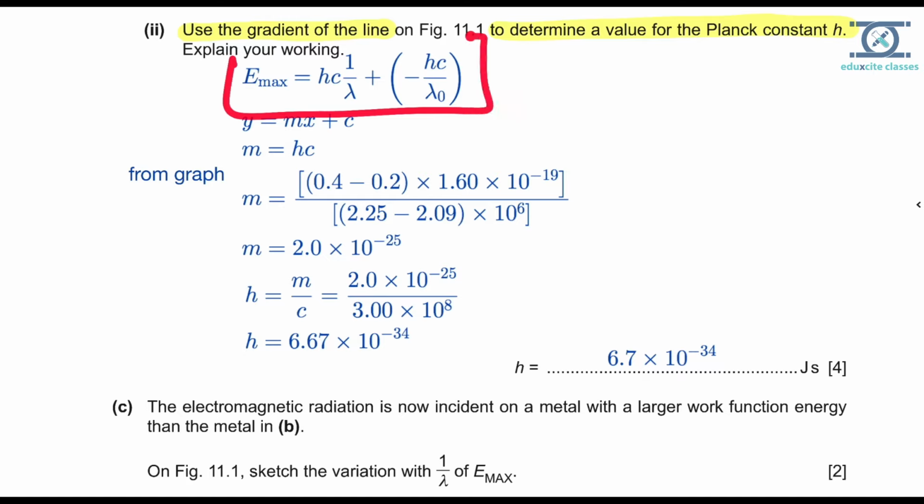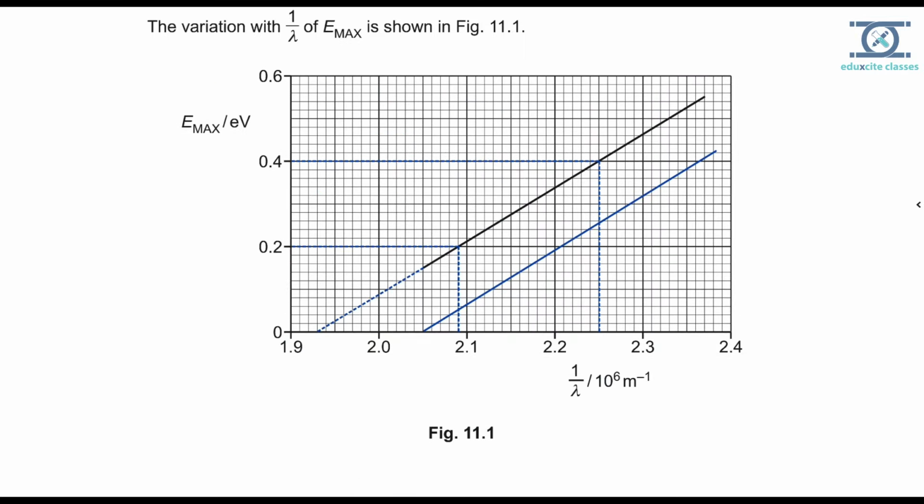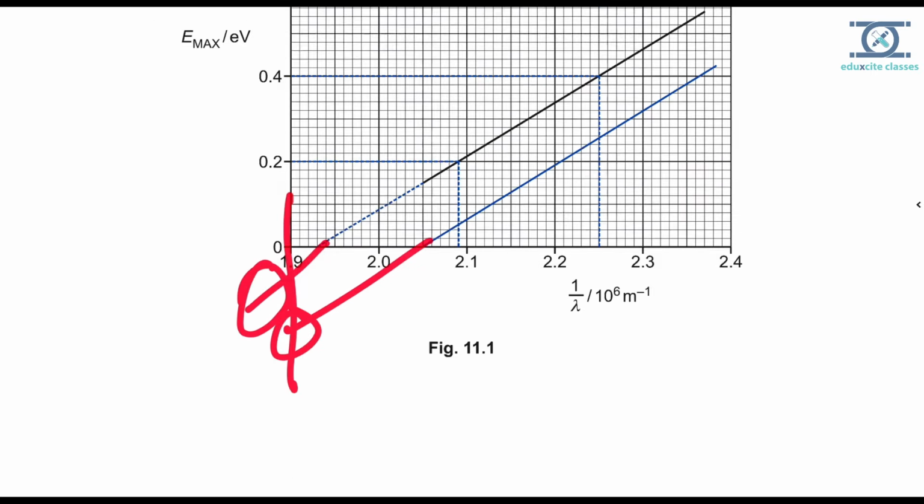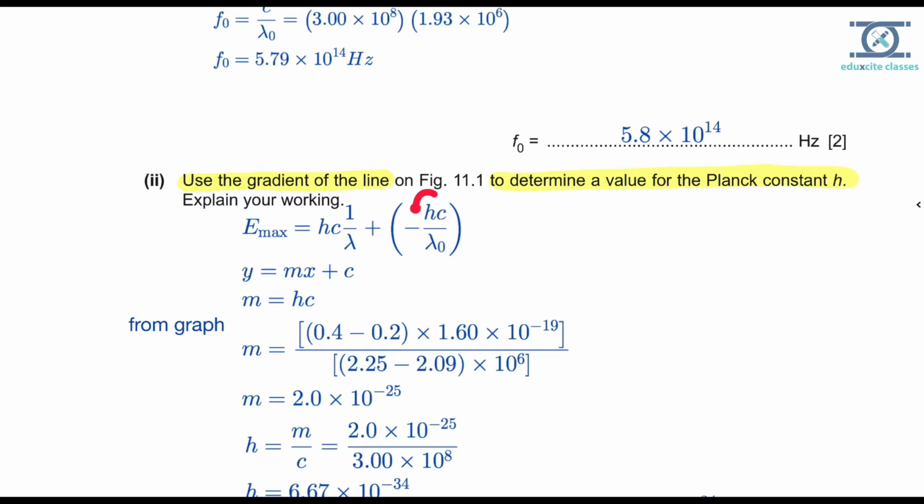So I hope you get how I write this equation. This is y on the y-axis. This is hc by lambda, 1 by lambda is the x, plus c is the y-intercept, which will be in the negative part. So I have written minus phi, that is hc upon lambda naught.